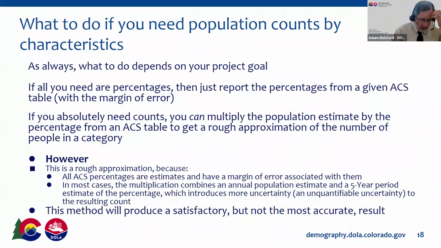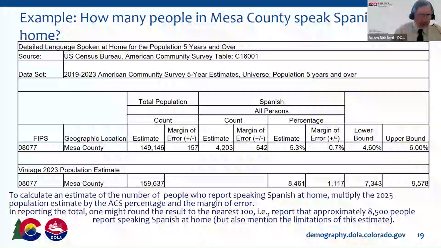So this method will produce something that is probably okay, but it's not the most accurate result. And this example shows this. The question is how many people in Mesa County speak Spanish at home. So we have the information from the ACS table C16001 for Mesa County.